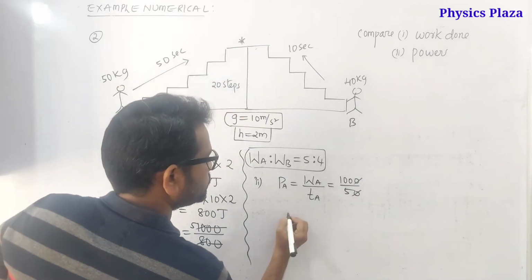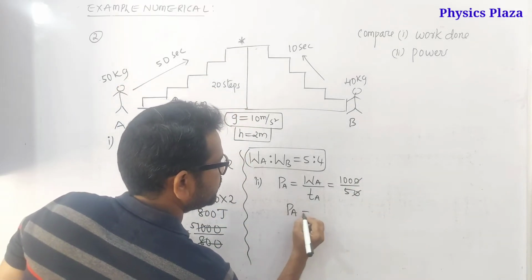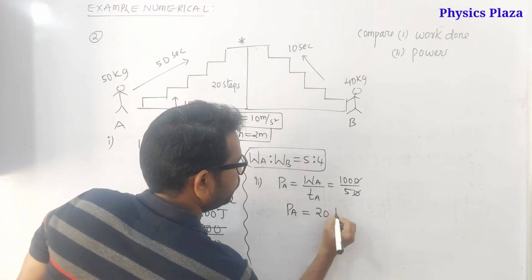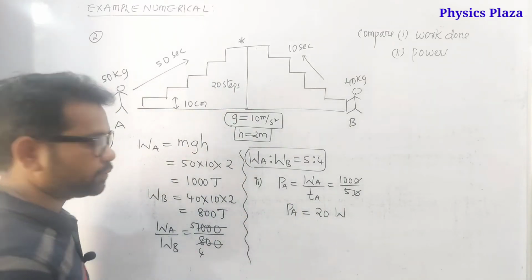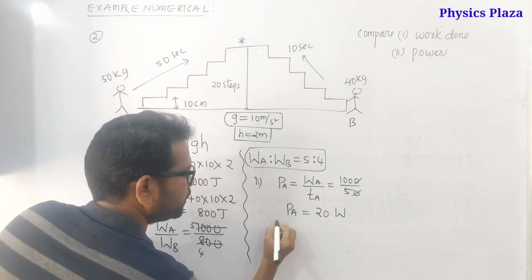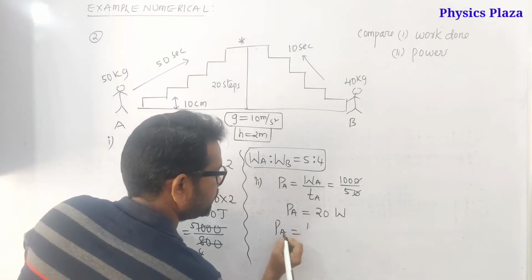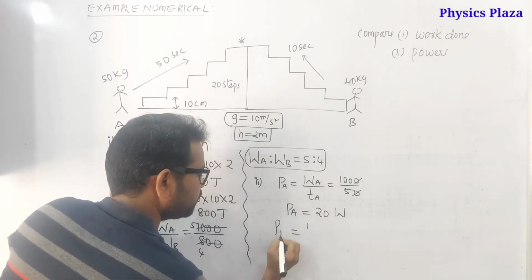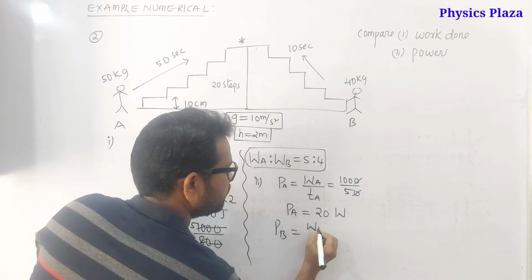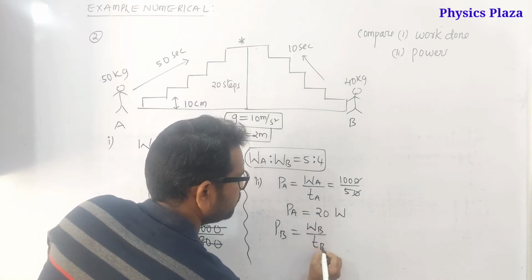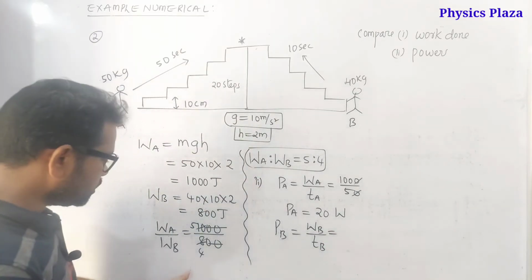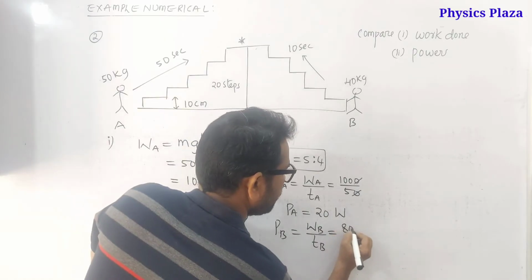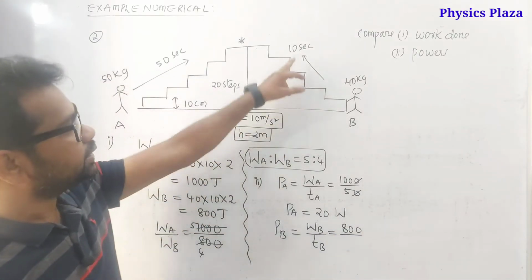Zero cancels. So power of person A is equal to 20 watts. Whereas power of person B, okay, sorry: power of person B is work done by person B by time taken by person B. So work done is how much? It is 800. How much time does it take? 10 seconds.